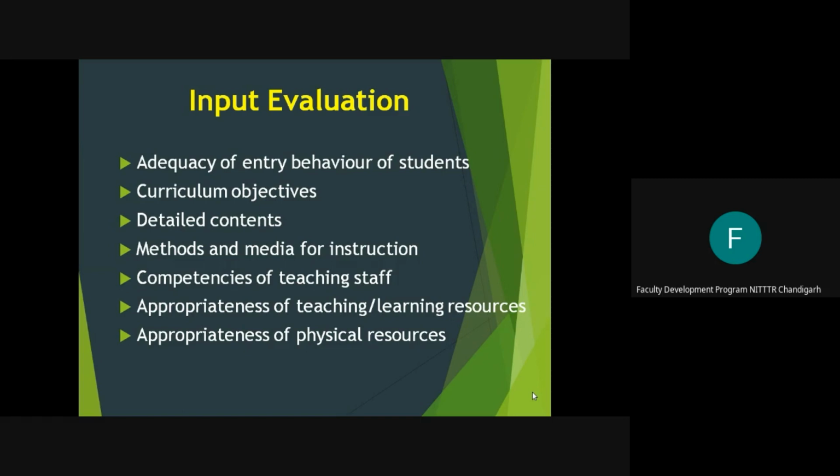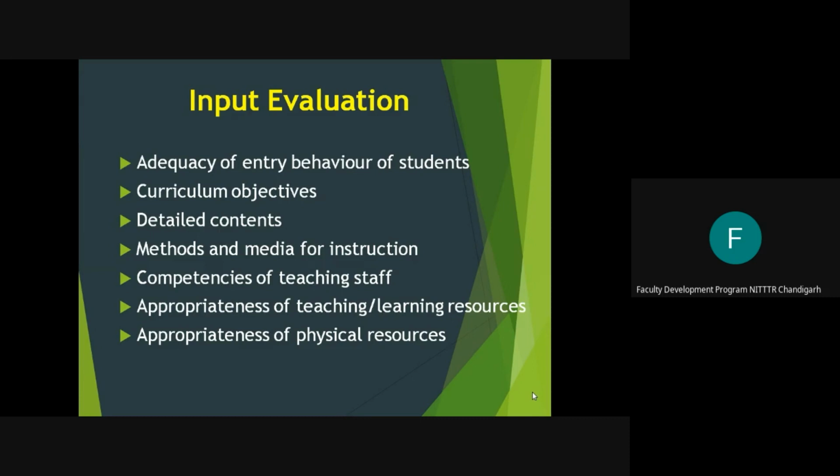What is their entry level? Are they able to communicate effectively? Are they able to understand what a teacher is telling? If a teacher is speaking in English, are the students able to comprehend? Is there any problem related to language or not? So what is the entry level of the student, the entry behavior of the student? That I will be checking.